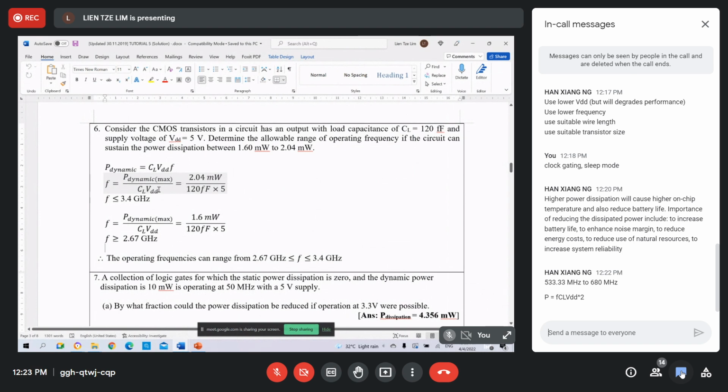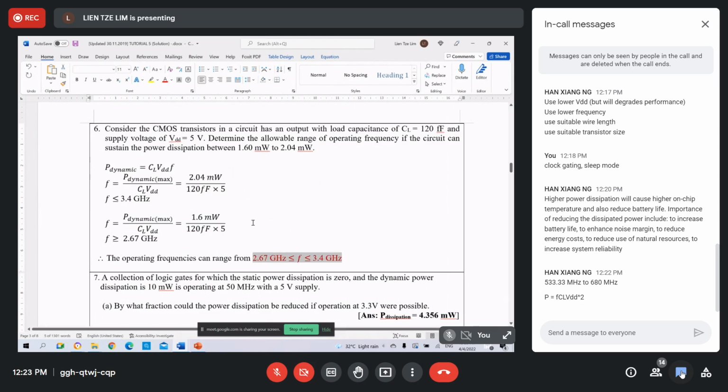Han Xiang, you mentioned that the formula you use is f CL VDD squared. Yes, the formula you mentioned is correct. Mine is wrong because I wrote VDD without the square. It should be squared. If you use this formula, then your answer should be correct.